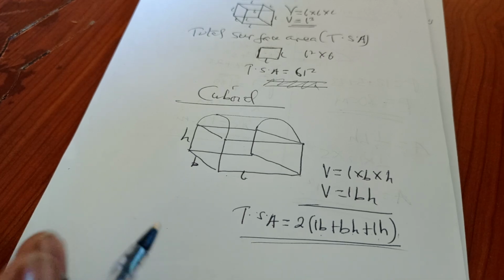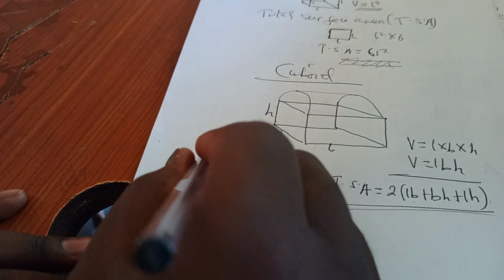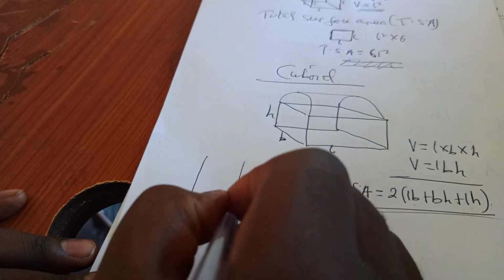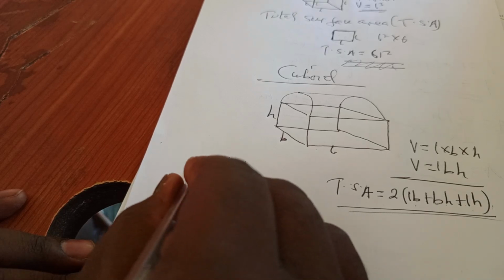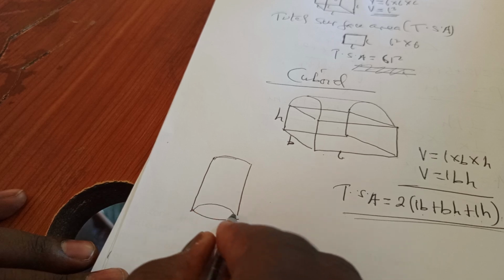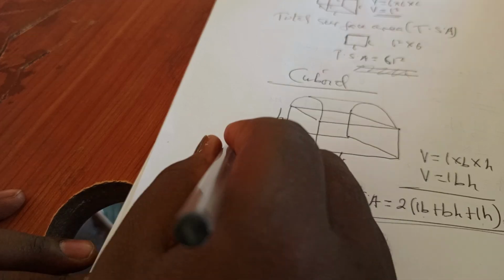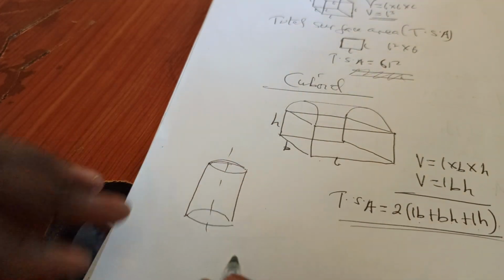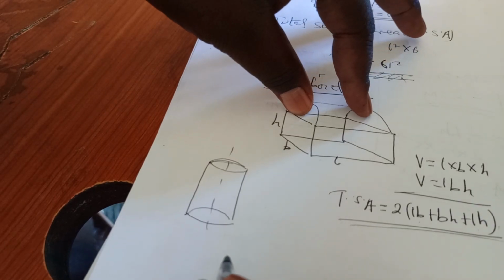All together. So as you can see, this part here is like a cylinder. If you cut it here, the part above is half of a cylinder.